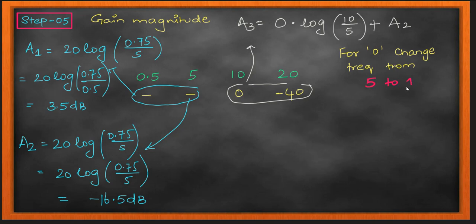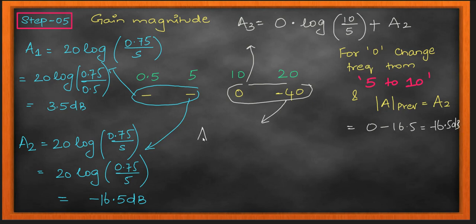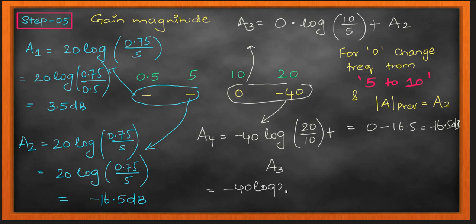Now for A3 and A4, we are using the change in slope. So the change in slope is 0, logarithm of omega 2 by omega 1. This transition is from 5 to 10, so 10 upon 5 plus the previous gain, which is A2, minus 16.5. So for 0 the change is from 5 to 10, and A previous is A2, and then I can compute my A3.